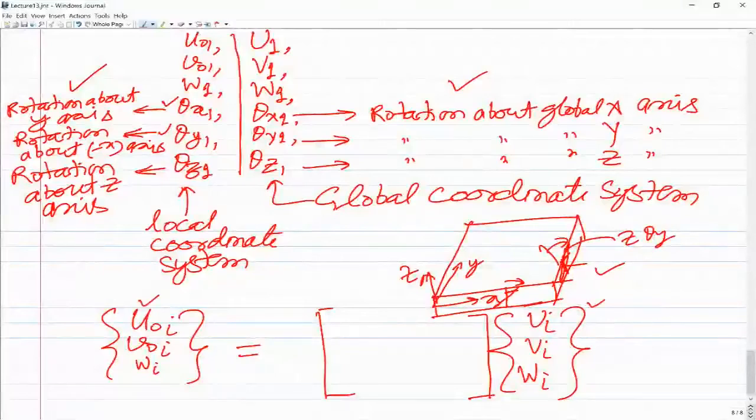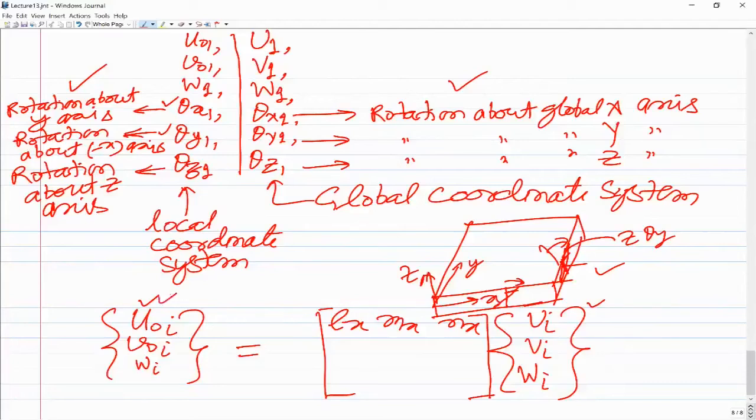So that dot product can be written as lx into ui, mx into vi, and nx into wi. So lx ui plus mx vi plus nx capital wi will give you this displacement u naught i.